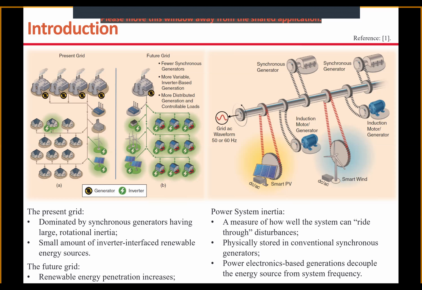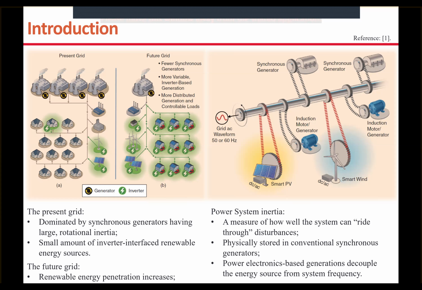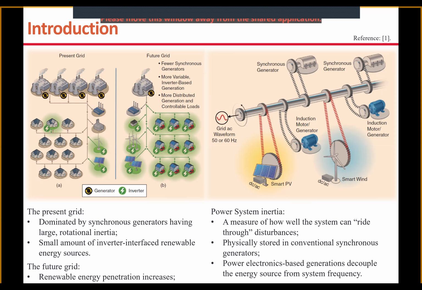These synchronous generators have very large rotational inertia to help maintain the frequency stability of the power grid. We do have a small amount of wind and solar power generators in the present power grid, but the majority is still large centralized power generators.